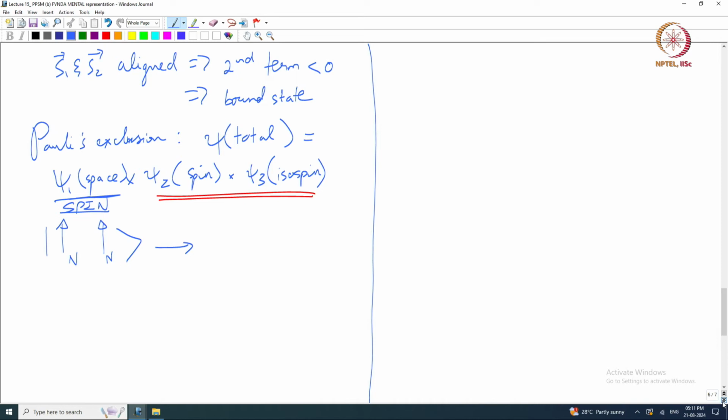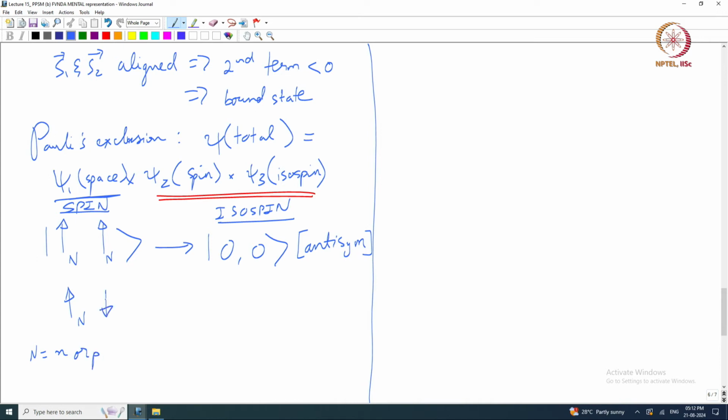So, if I want the spins to be aligned, let me now put a column for isospin. For isospins, I need to pick the antisymmetric combination. Do you agree? And similarly, N here stands for nucleon, either neutron or proton.